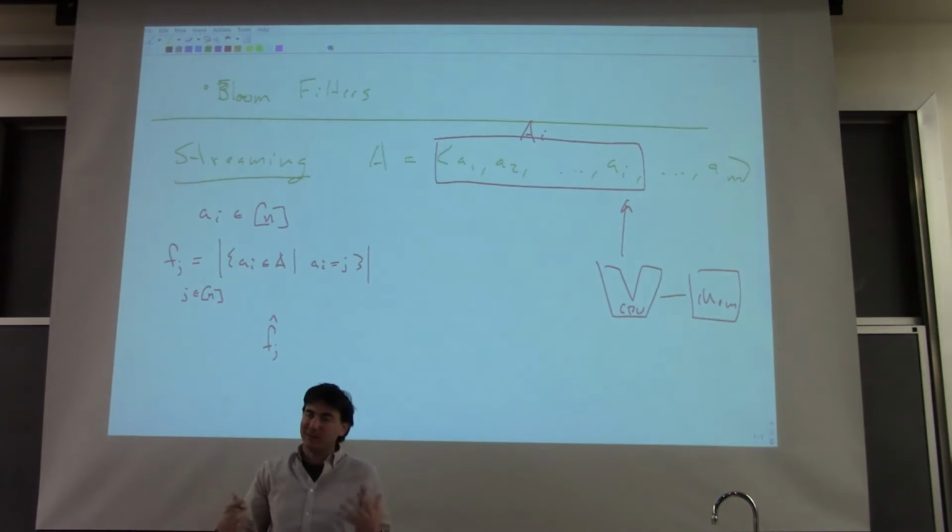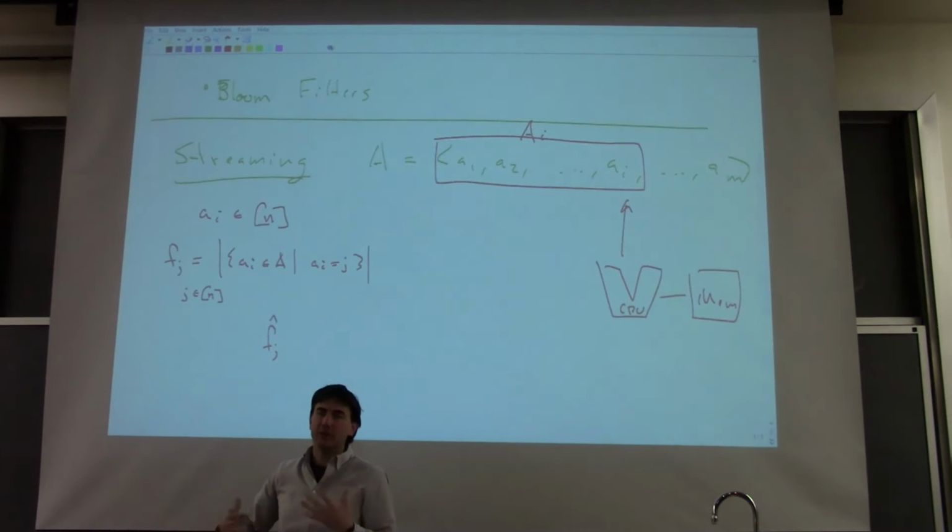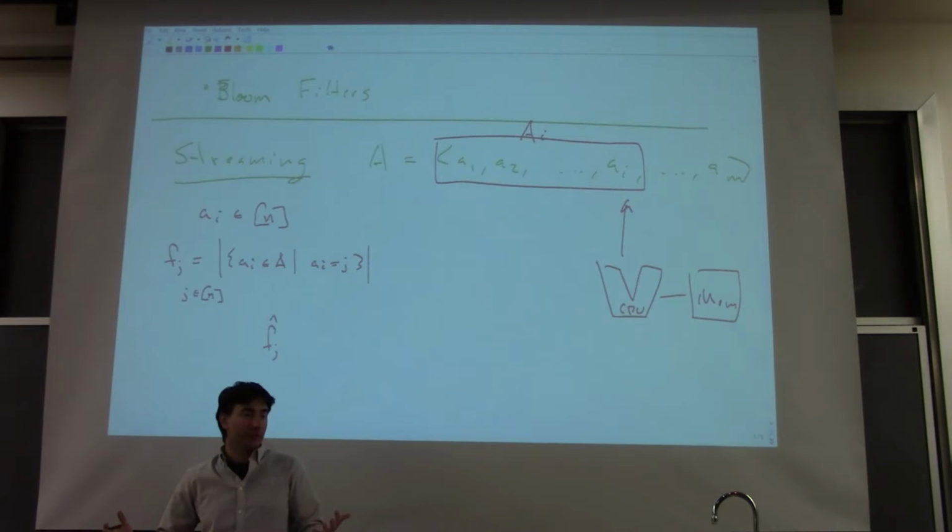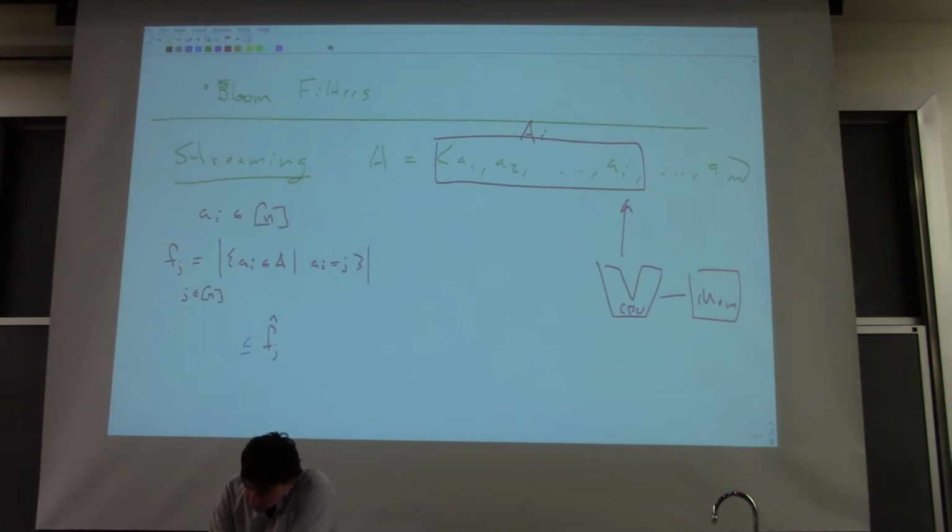Last time we limited space. How do we solve all values? Well, the ones we don't report are implicitly 0. We're going to use a different trick in this class. And so this time the estimates are going to be greater than the true value, but not too much greater.